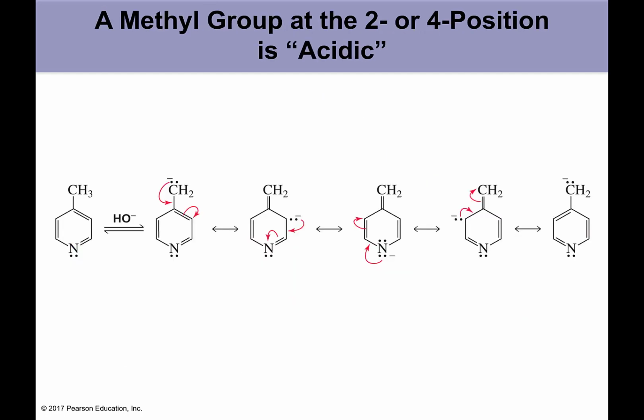One of the interesting features of alkyl substituted pyridines is that if the alkyl group is in the 2 or the 4 position relative to the nitrogen, you can deprotonate the alkyl groups. It could be a methyl group, or it could also be, for example, an ethyl group. That carbon adjacent to the ring can be deprotonated, because when you do that, the electrons can eventually be delocalized onto the nitrogen.